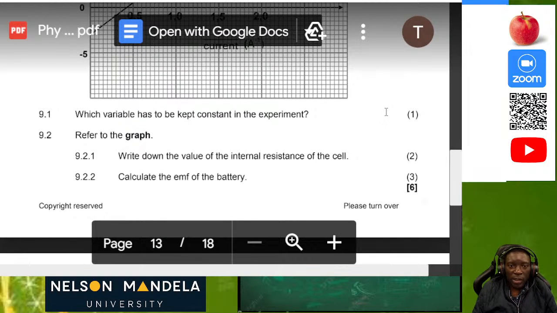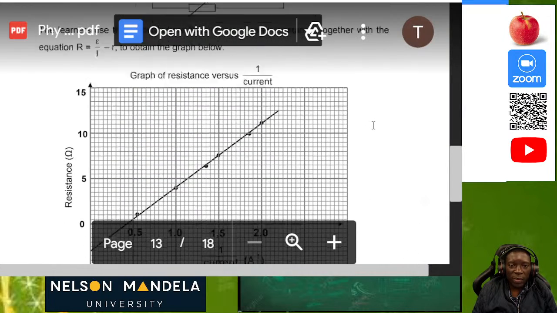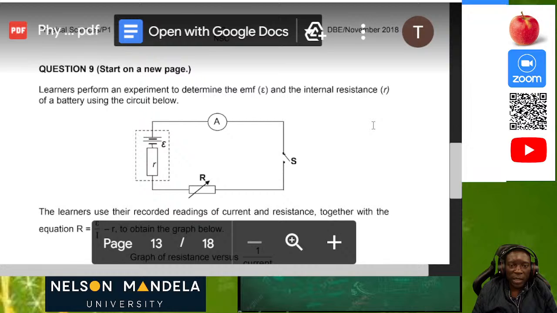What variable has to be kept constant in the experiment? So how would you answer that? Which variable should be kept constant in this experiment?